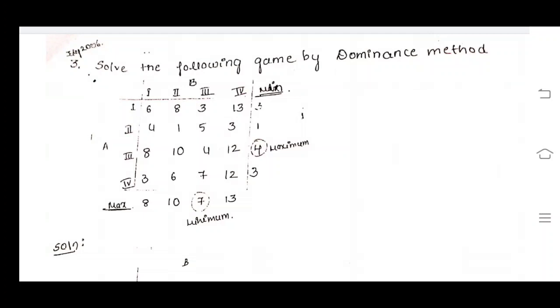In such problems, in order to find the probability or the value of the game, it should be reduced to the 2 cross 2 matrix. In such cases, we apply the dominance rule of columns or the dominance rule of rows. Otherwise, whenever the maximin and minimax values are both equal, the saddle point will occur. The saddle point itself is the value of the game. In such cases there is no need to reduce the matrix to the 2 cross 2 matrix.